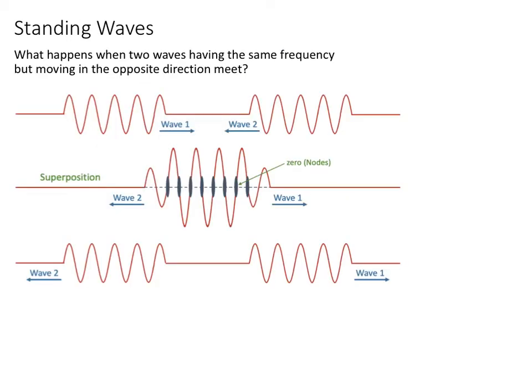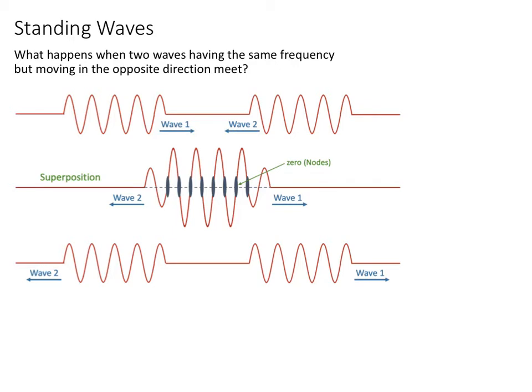So now let's go back to interference for a minute. If I have two waves with the same frequency moving in opposite directions, wave 1 and wave 2, and as they interfere with each other, as they meet up, I see this pattern where I've essentially made the amplitude bigger, but for this brief bit of time where they are exactly matched up, I have what's called a standing wave.